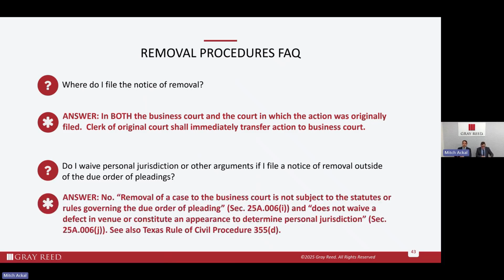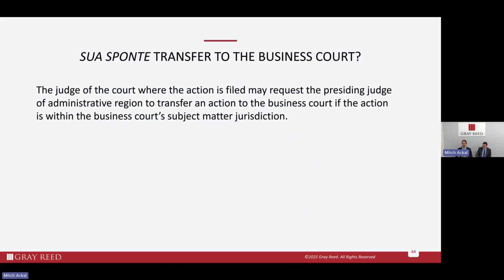However, what the legislature has said is, I can remove a case, and that can be the first thing that I file in the district court, and it does not waive any defect in venue or constitute a special appearance or a general appearance. I can then go to the business court to have the business court decide my venue and personal jurisdiction issues. And so, again, the legislature has basically just said, look, we're going to provide a very small exception to the due order of pleadings rule with respect to getting into business court.